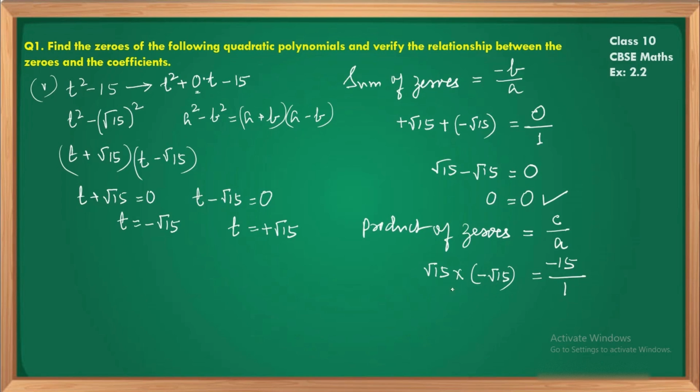Now this is equal to, when you multiply a number with itself, that becomes the number itself. But here we have minus, therefore it takes the minus sign, and 15 is the answer here, and it is equal to minus 15. LHS is equal to RHS. This is the second verification.